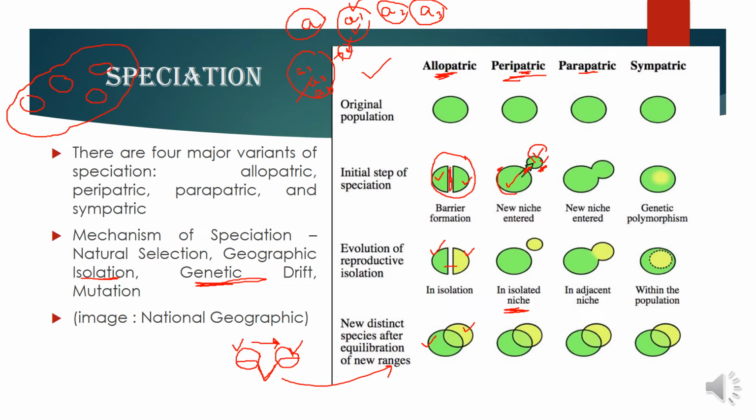But if there is a drought, then this niche will contract, and it will be left with a very fragmented niche. During the favorable condition, there was a huge range for these animals. But now as the conditions are not very conducive, they have only a very small amount of specified niche.